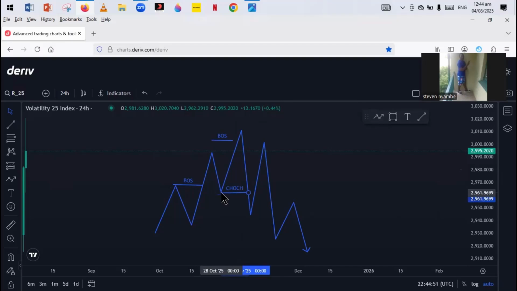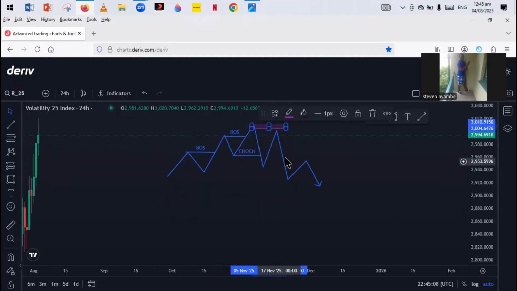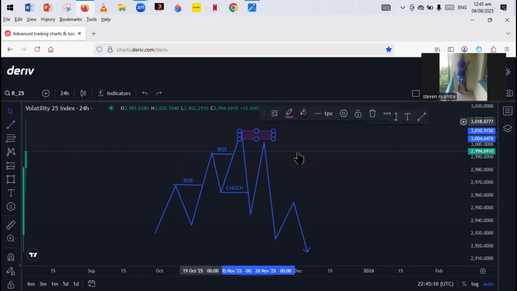Now, when price changes character, it will always go back to tap into the origin, which caused this change of character. So price will go and tap into the origin, which caused that change of character.